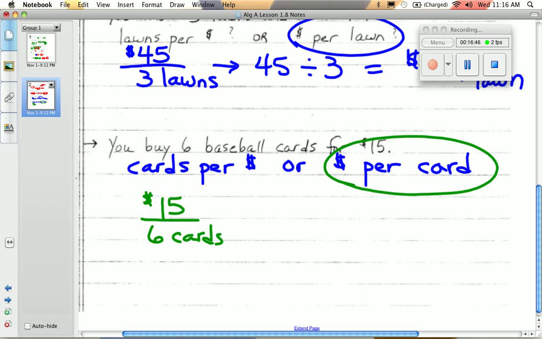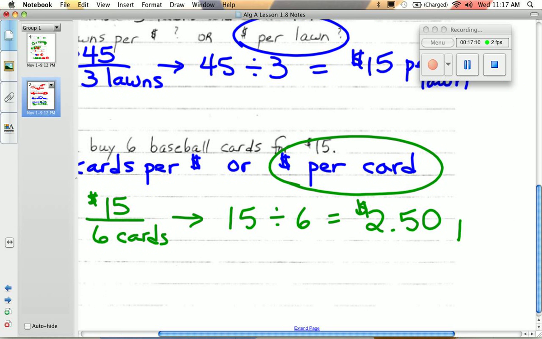But right now it's not 1, so we have to put that 6 in there, and we say 15 divided by 6 is 2.5. Okay. 2.5 what? $2.50. So we want to put a 0 behind that 5. $2.50 what? Per card. Yeah.